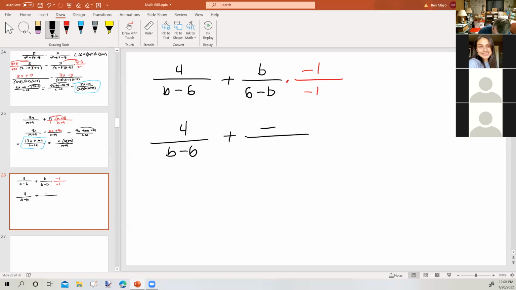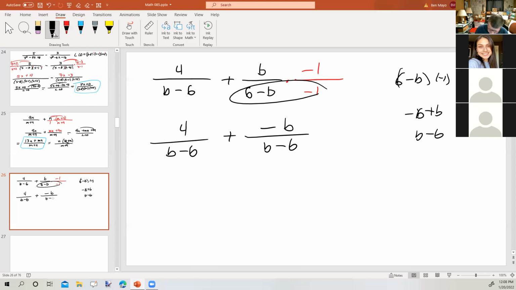So now I have that as my first fraction. And what's that going to be? Well, what's 6 minus b times -1? That's -6 plus b, which is b minus 6. So you see that by taking the second fraction and multiplying by -1 over -1, I turned the denominator into the same denominator as the first fraction. That's a little nicer than what I first proposed, isn't it?